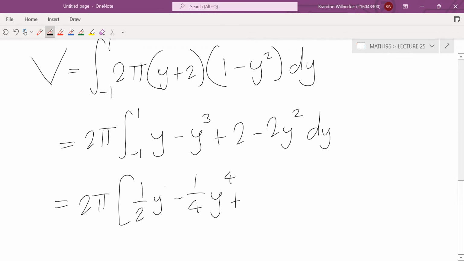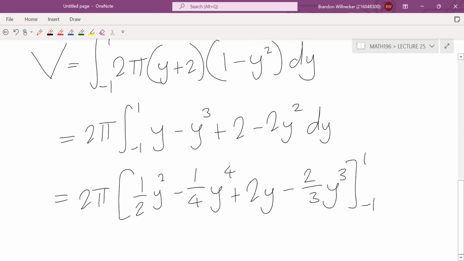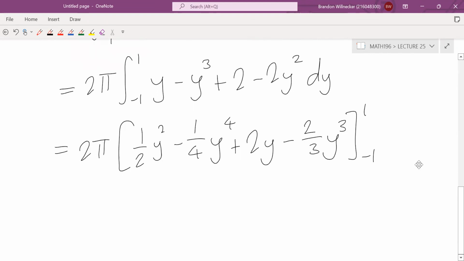Sorry, that's 1/2 y squared plus 2y minus 2 over 3y cubed from -1 to 1. Then you substitute 1, you substitute -1. You can check that for yourself. We end up with 16 pi over 3 units cubed.